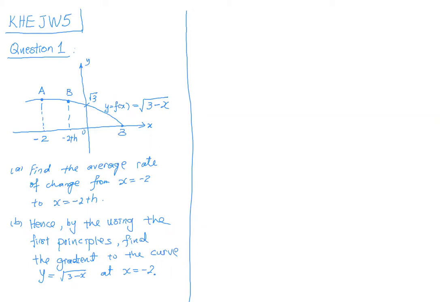Why you use that formula? The derivative function is defined as f(x plus h) minus f(x) per h. Why you use that formula? Because it's for searching for the average rate.